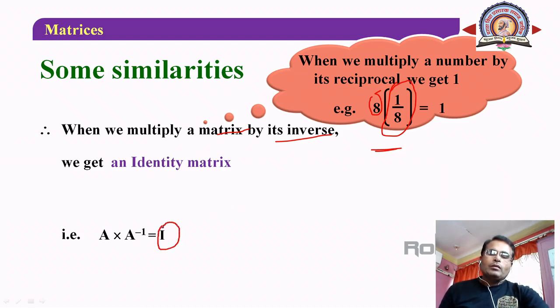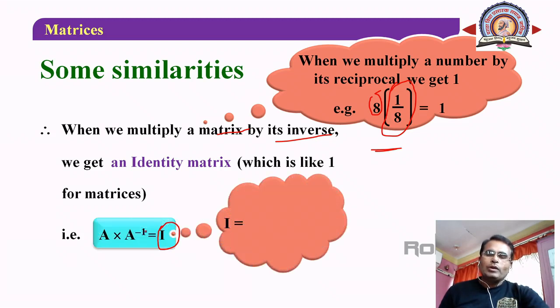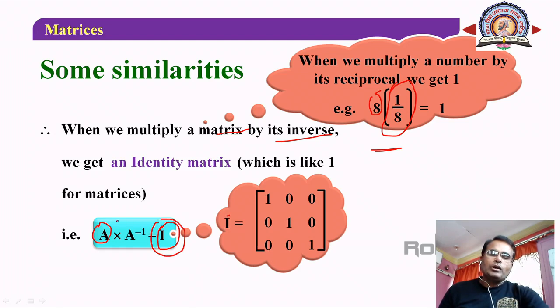So the resultant is I, and that always behaves like 1 in case of matrices. I is a matrix of this type: 1 0 0, 0 1 0, 0 0 1, but this is possible if the given matrix A is also a matrix of order 3 by 3. If the given matrix A is of order 2 by 2, then you will get 1 0 0 1, and therefore it is clear that the order of this I depends on the order of the given matrix A.